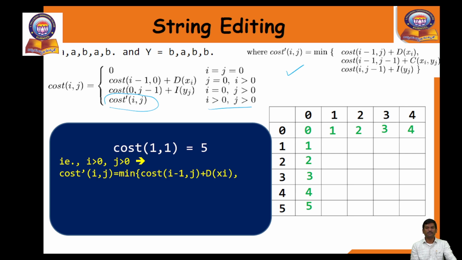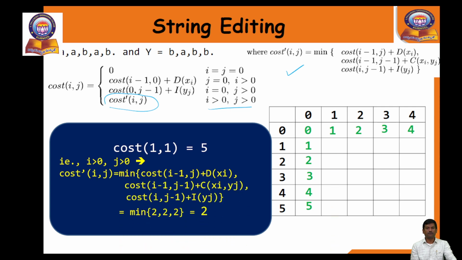So replace the respective values. The first part with the cost equal to 2, the second part with the cost equal to 2, and the third part with the cost equal to 2 have been obtained. And what is the minimum? Minimum is equal to 2. So cost of 1 comma 1 will be equal to 2.